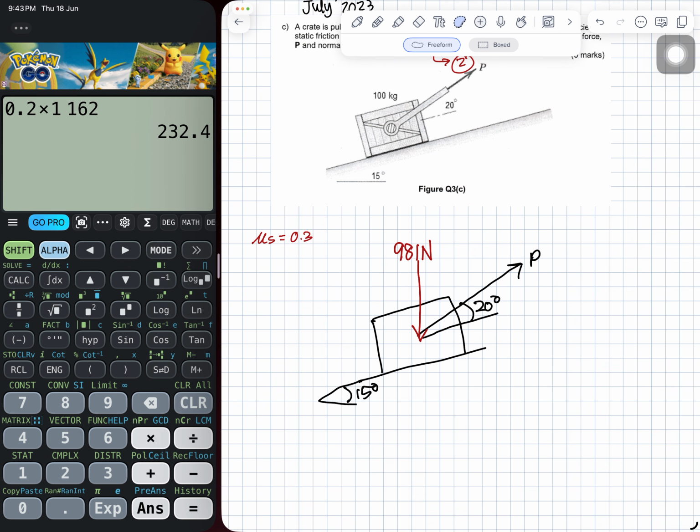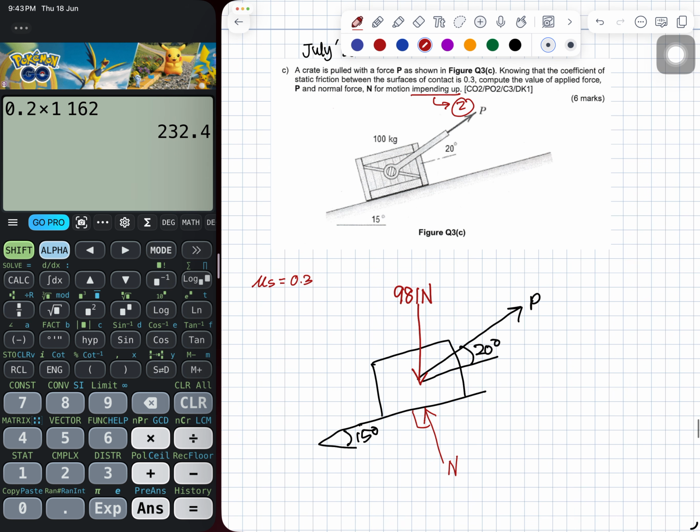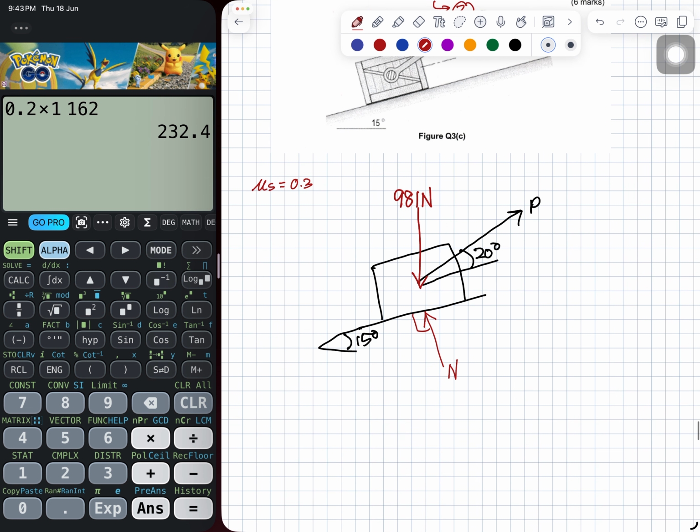With reaction to that, we have normal force N that is perpendicular to the surface, and since the crate is pulled upward, our friction force Fs is directed downward here.